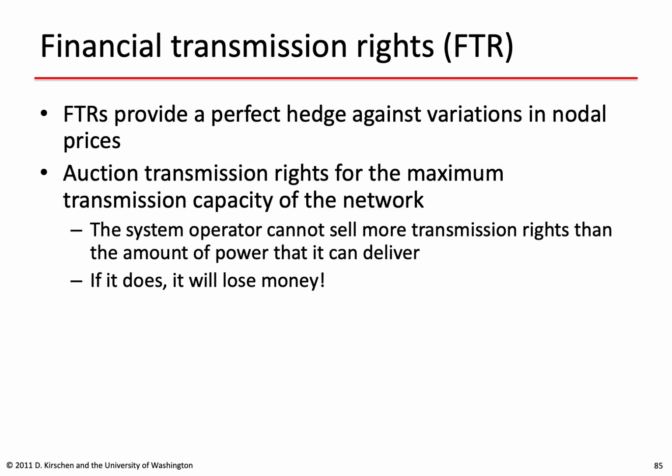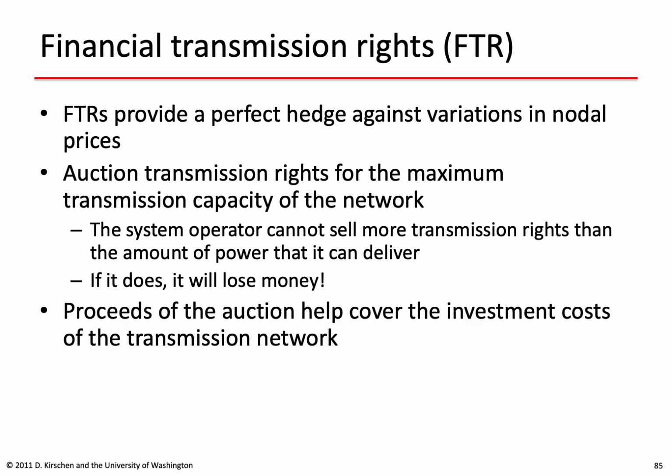Now, the system operator should auction transmission rights for the maximum transmission capacity of the network. If the system operator sells more transmission rights than the amount of power that it can deliver, it's going to lose money because it will not be able to deliver. It will not get enough congestion surplus to cover these transmission rights.